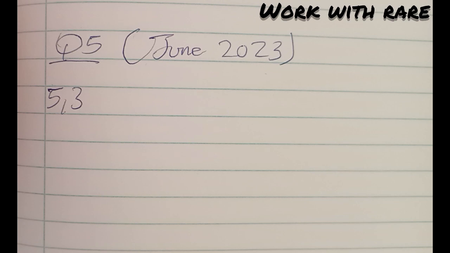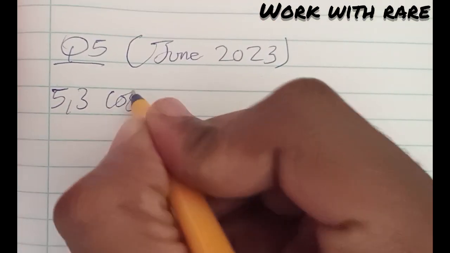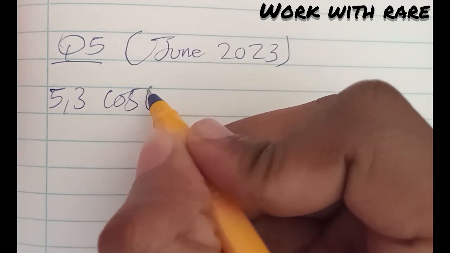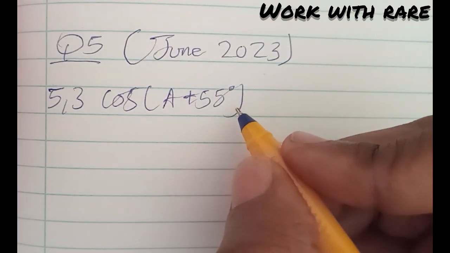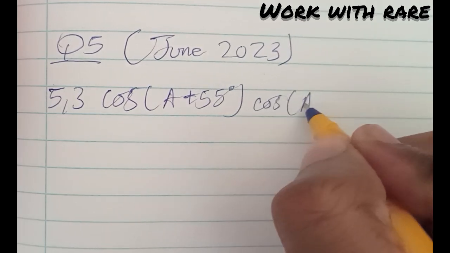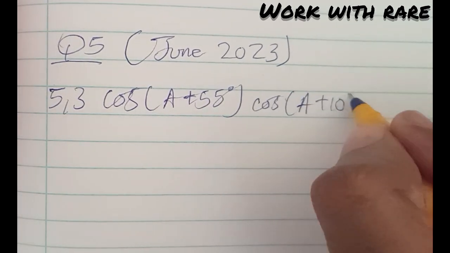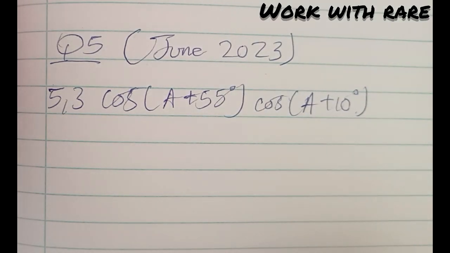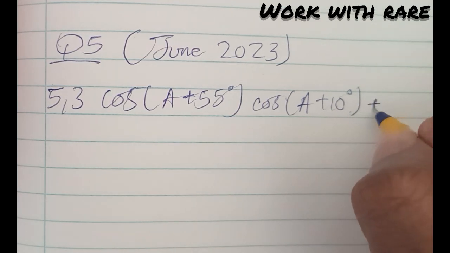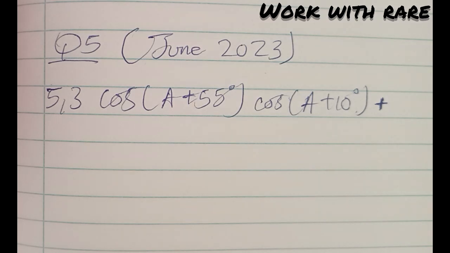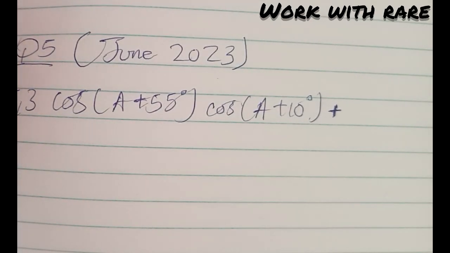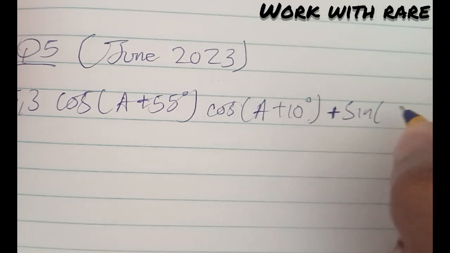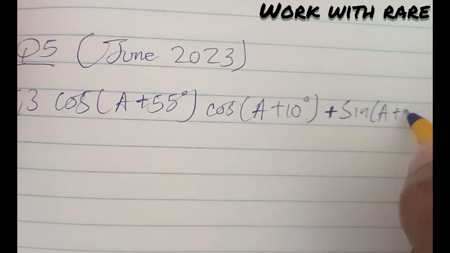Okay, so 5.3 says determine without using a calculator the value of, they gave us cos(a + 55 degrees) cos(a + 10 degrees) plus, see, it's addition, plus sine(a + 55 degrees) sine(a + 10 degrees).